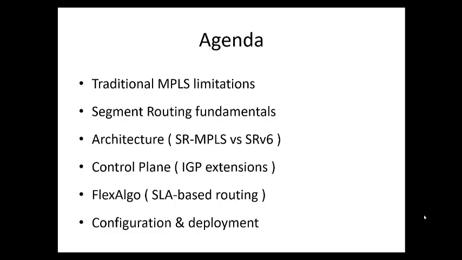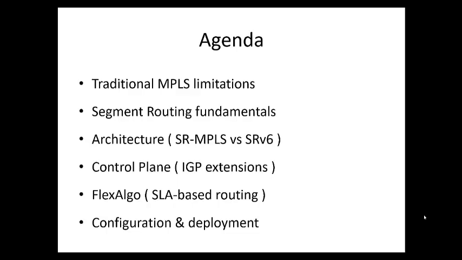Flex algorithm is BGP with more smartness. That's what we have in SD-WAN, BGP with more smartness. The vSmart in SD-WAN, what does it do?